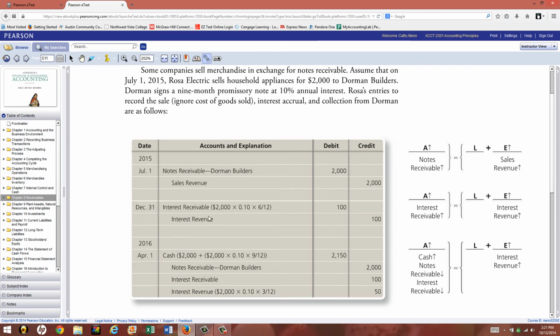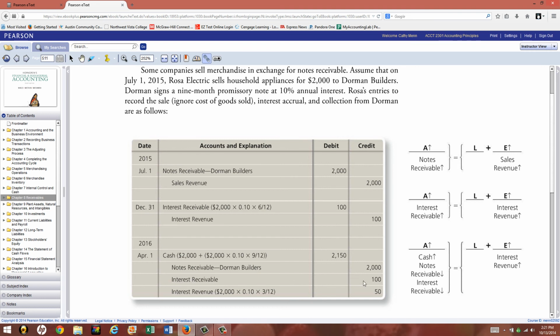What's causing this journal entry right here, this accrual, is because we're going past a year in, and so we're having to create our financial statements. So you have this journal entry to show how much interest revenue you have earned in this year of 2015. Then you'll notice the rest of it is earned in 2016.